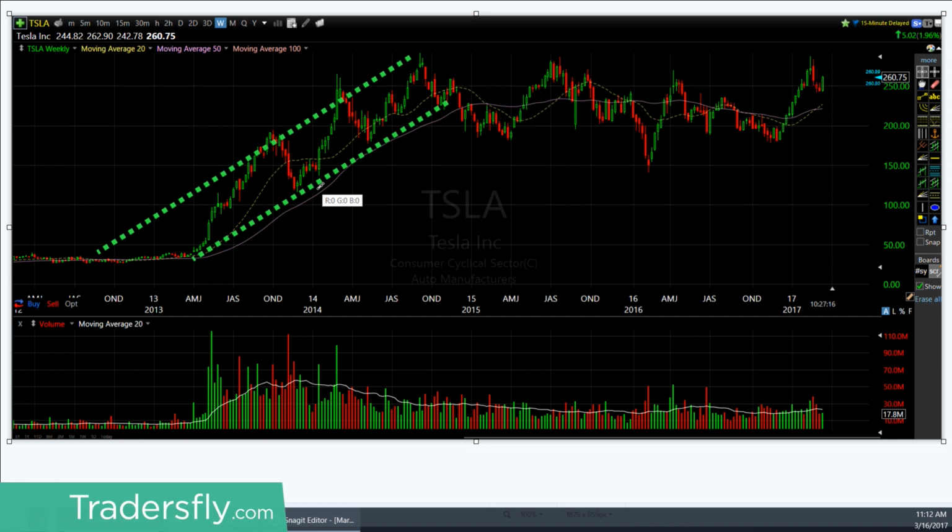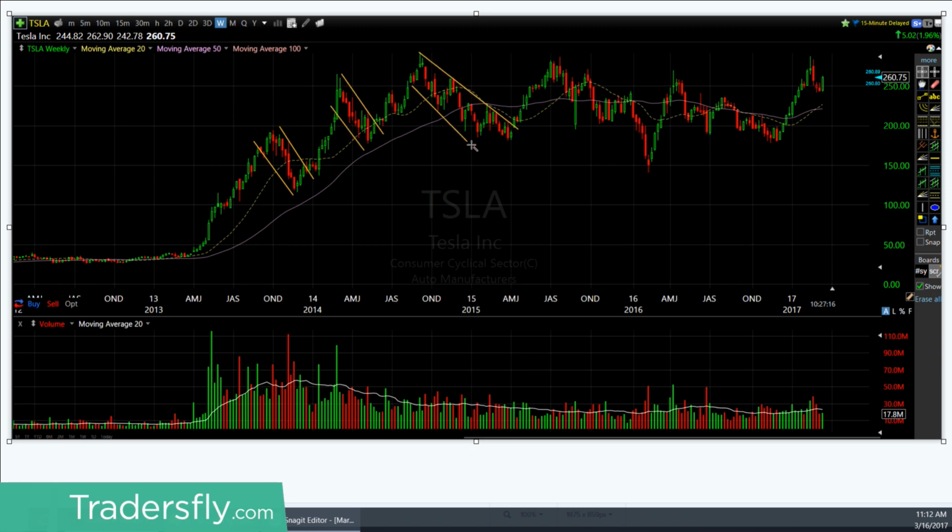So in this case, the same concept applies. As you continue to move higher, eventually this is why you need pullbacks. When you see these things continuing to move higher, that's why eventually you get pullbacks that allow the stock to continue to move higher, or to digest or consolidate, because stocks don't go straight up.